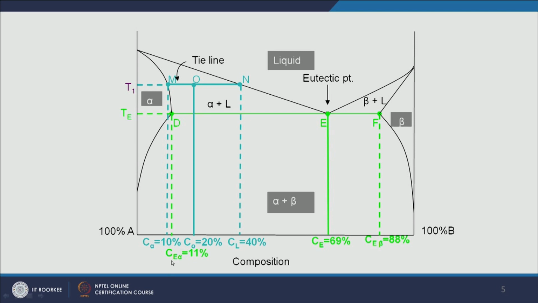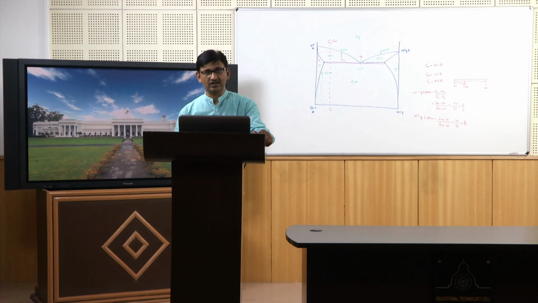That is coming as C E alpha as 11%, and at F it is coming C E beta as 88%. And so you can find out the fraction of alpha phase and the fraction of beta phase in a eutectic, when the eutectic reaction is going to take place.